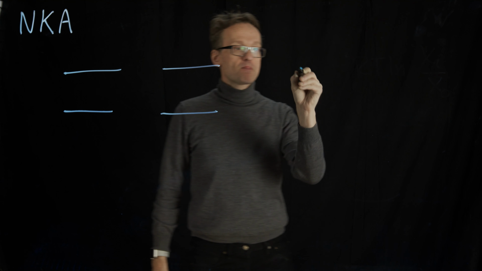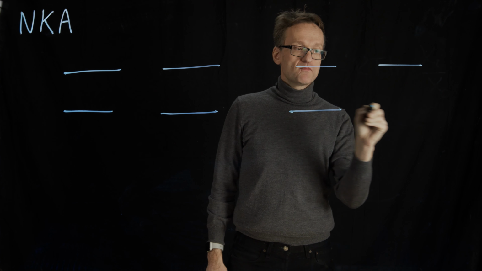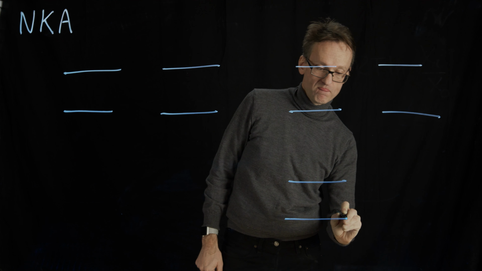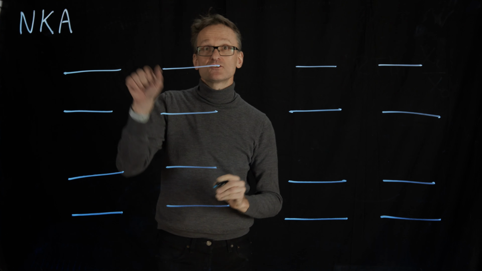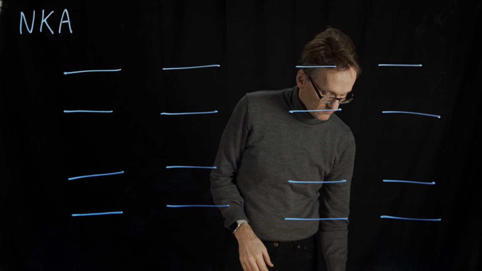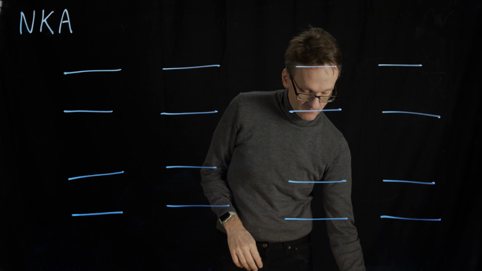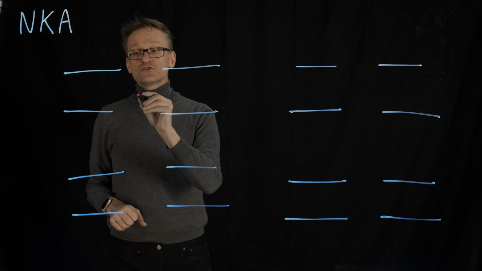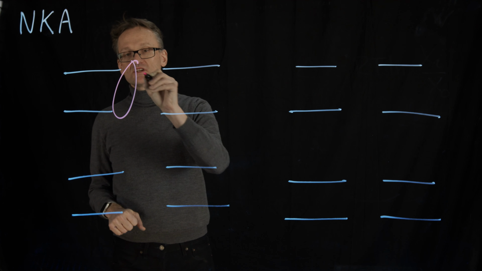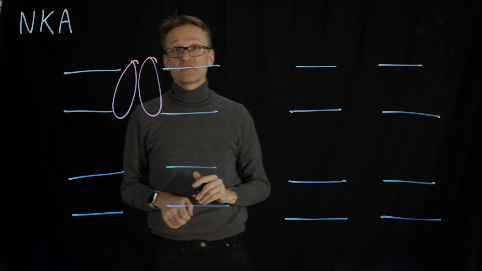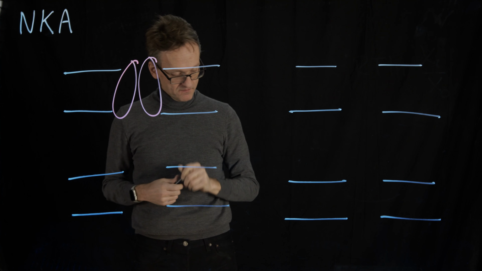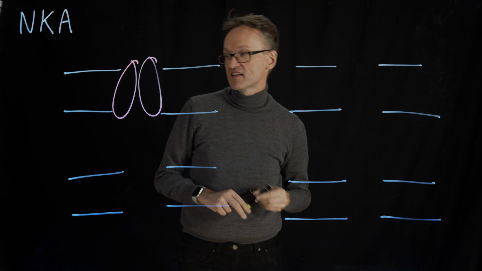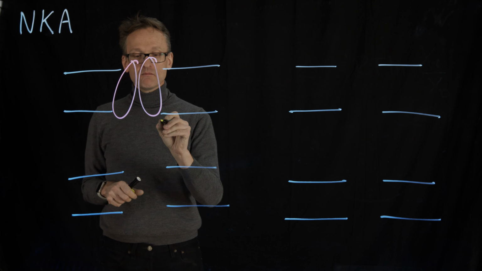Here's a membrane. Let's start up here. Let's assume that I have some sort of machinery that is open to the inside of my cell. And when I'm open to the inside of the cell, what will happen is that I will bind ATP.